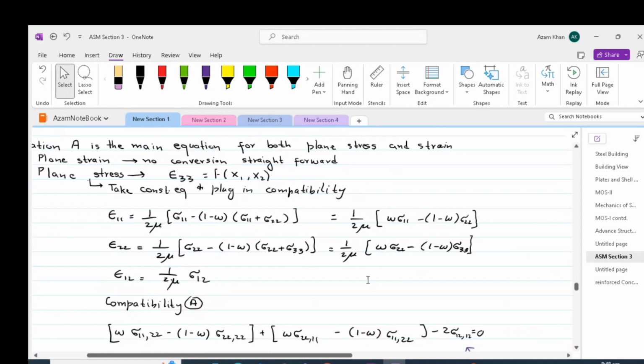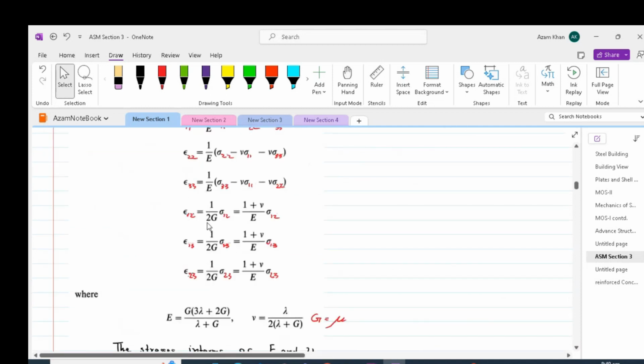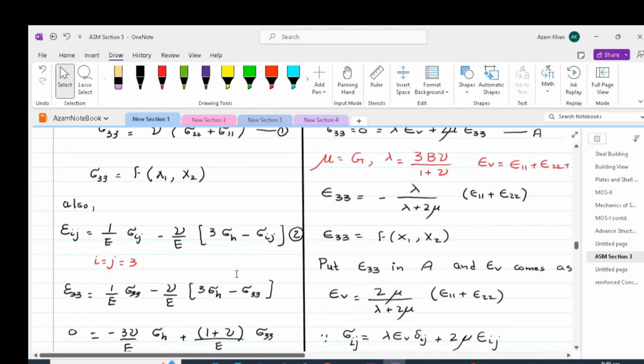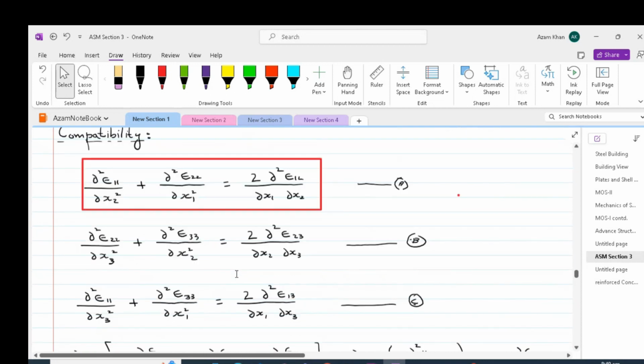Epsilon 2 similarly comes out to be 1 by 2 mu times omega sigma 2 minus (1 minus omega) sigma 1. And epsilon 12 is 1 by 2 G, which is mu as we discussed previously, times sigma 12. These 3 equations are rewritten.